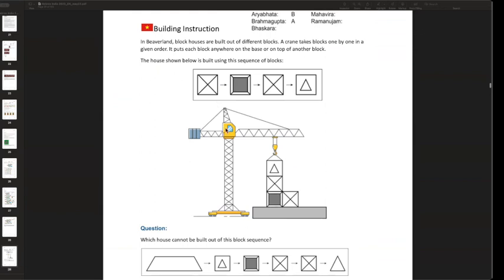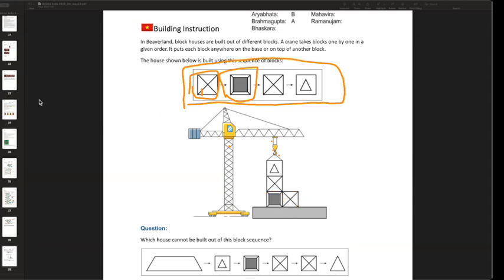So the next question is, at one construction site, the houses are built using different blocks. So if you have this pattern of blocks, the crane builds a house by starting with the first block, then placing the second block, and so on. So for this one, wait, let me start over.